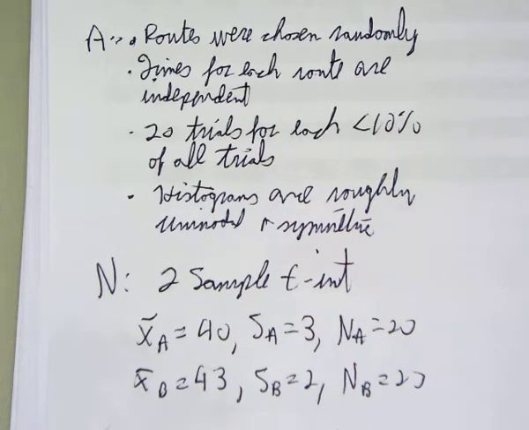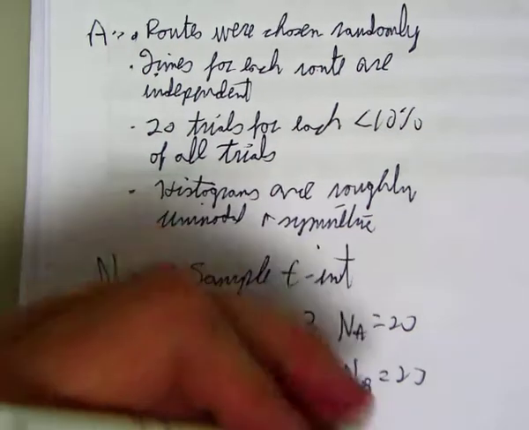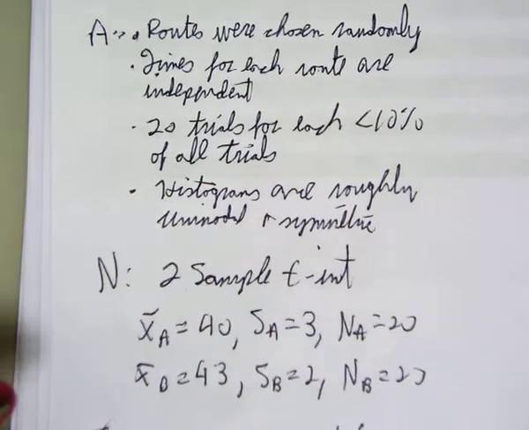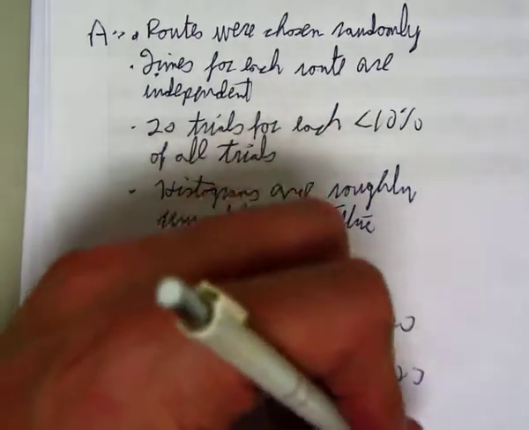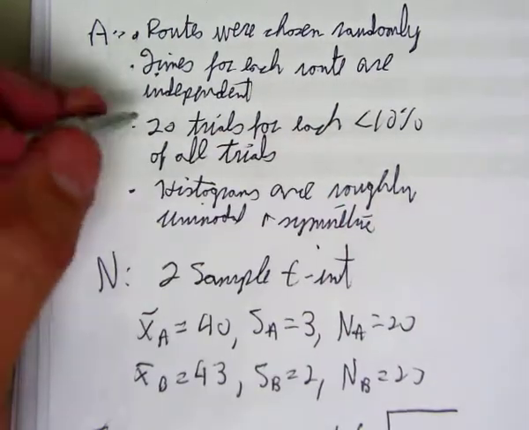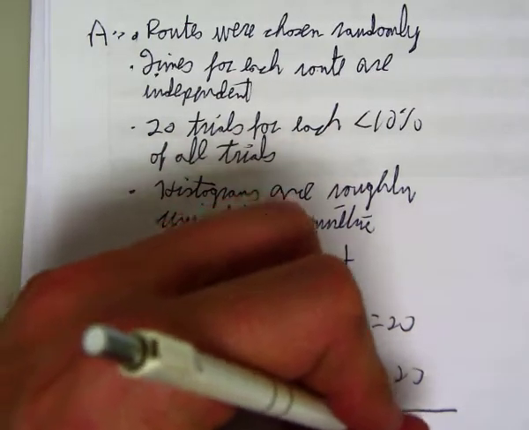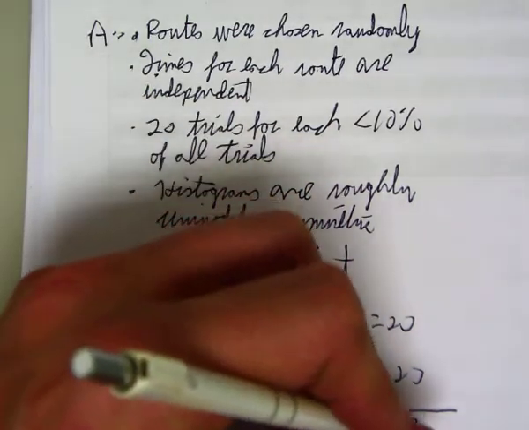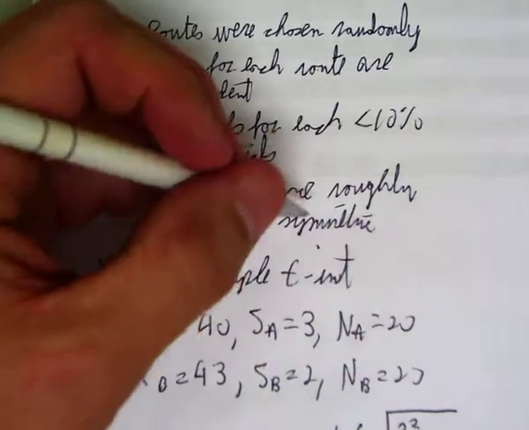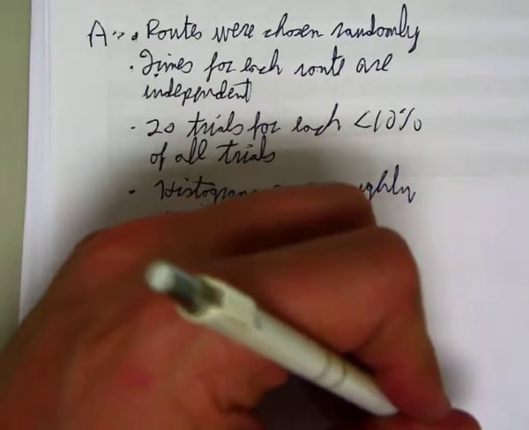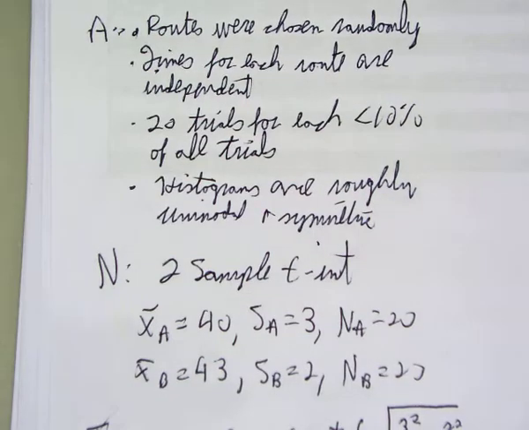Now, you've got to find the degrees of freedom, so we'll wait to do that. I'm just going to write t with so many degrees of freedom, and then the square root of s sub 1 squared over n plus s sub 2 squared over n. Okay?